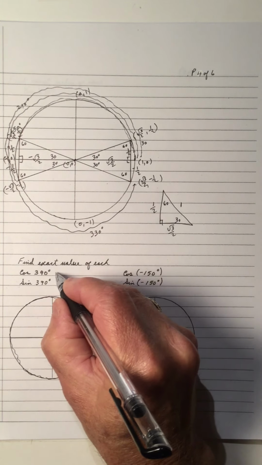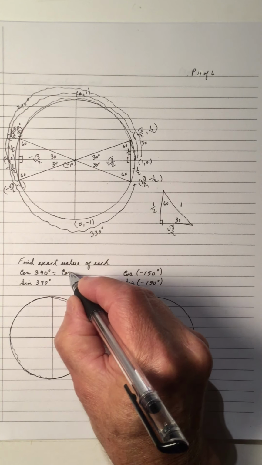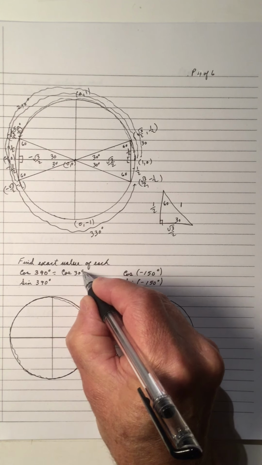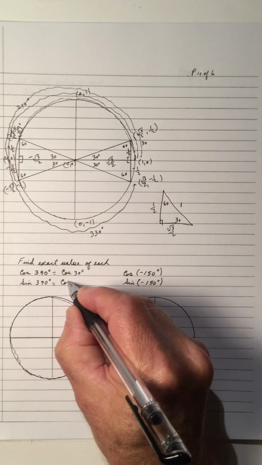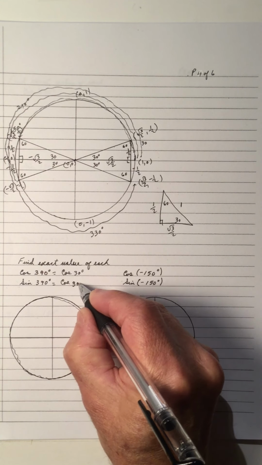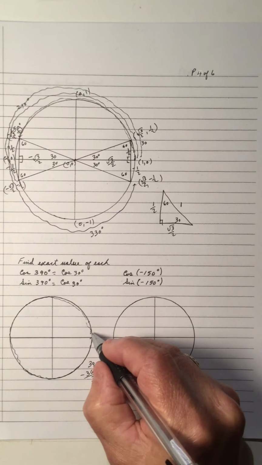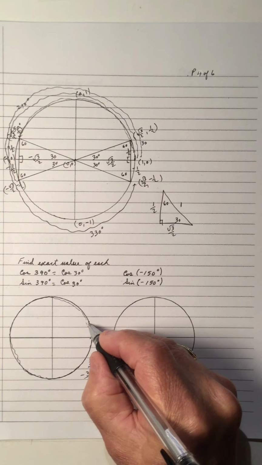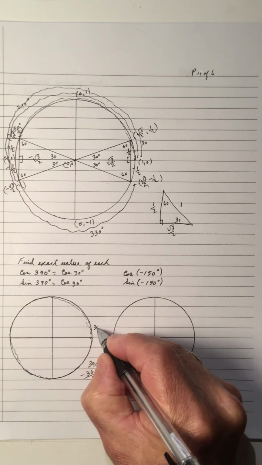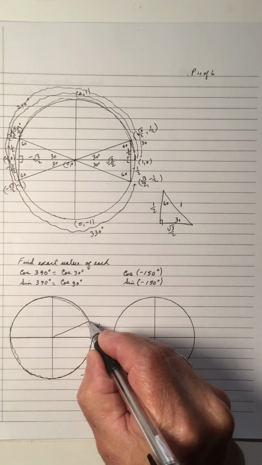So 390 is the same as rotating 30, because it's coterminal. A 390 degree rotation is the same as if you went just 30, so you put 30 there and drew your terminal arm.